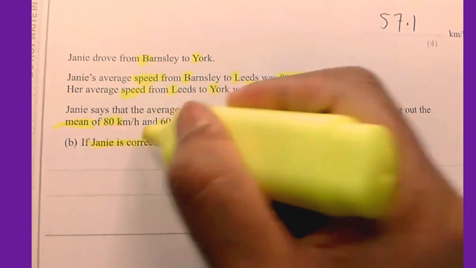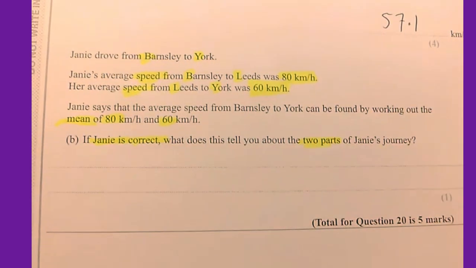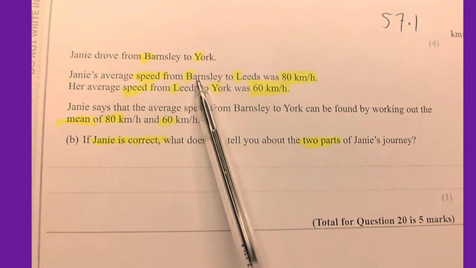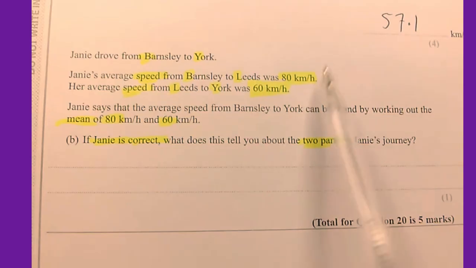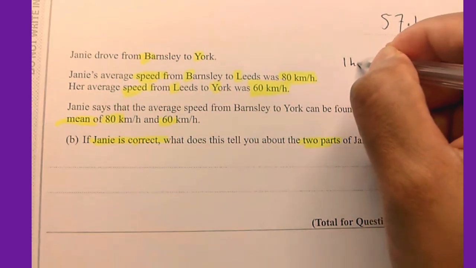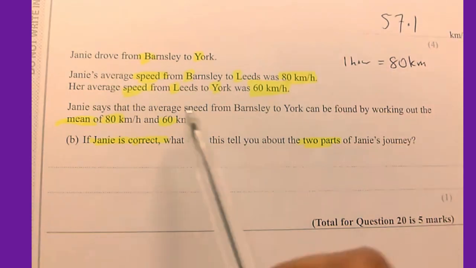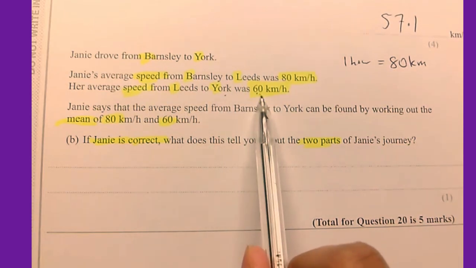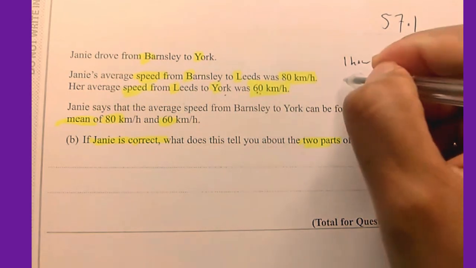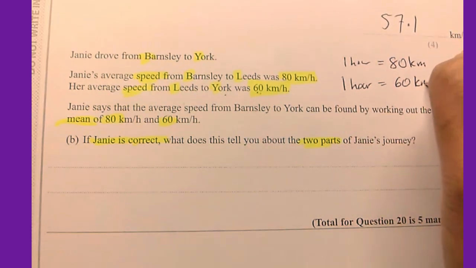If Janie is correct, what does this tell you about the 2 parts? So from Barnsley to Leeds, it's 80 kilometers an hour. That means in 1 hour, it's 80 kilometers. From Leeds to York was 60 kilometers per hour. So in 1 hour, it's 60 kilometers.